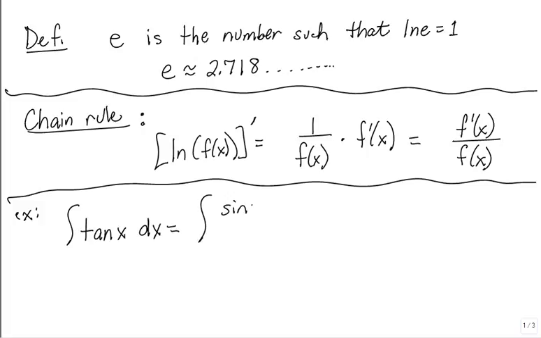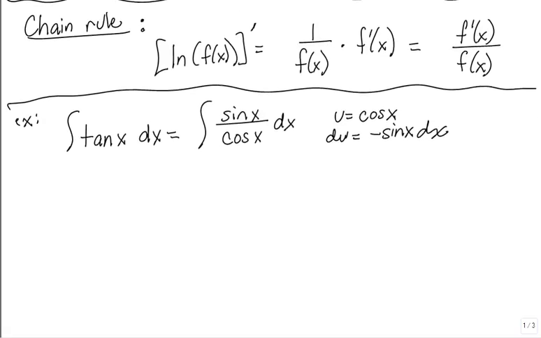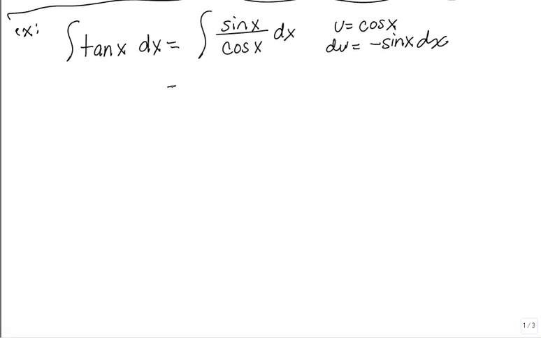We change that to sine over cosine, the definition of tangent. We use substitution. We pick u to be cosine. The derivative of cosine is minus sine. Substituting back in, we have minus du is sine x dx.